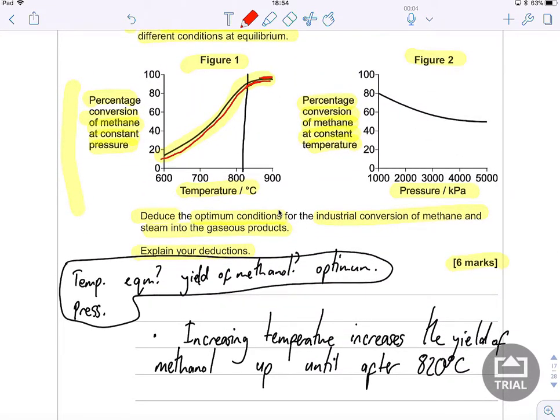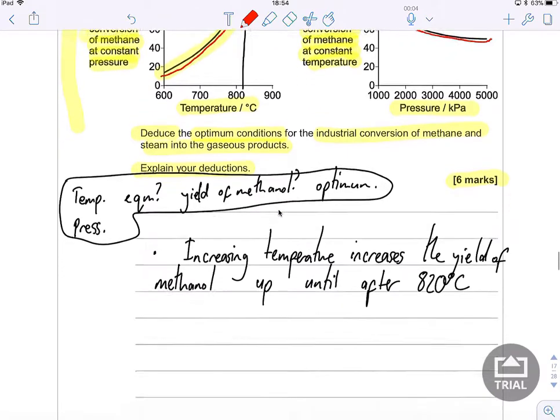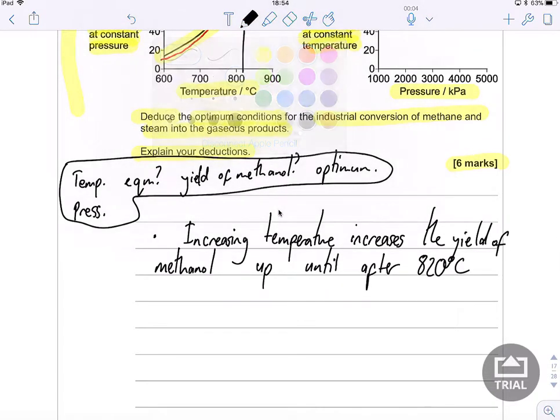Next, I'm going to talk about pressure. So if I've got a lower pressure, I get a higher yield of methanol. If I increase the pressure, the yield of methanol actually decreases. Okay, so I'm going to write a bullet point that basically says that.